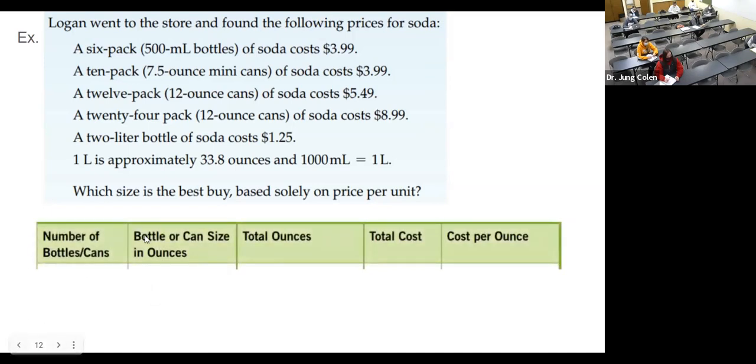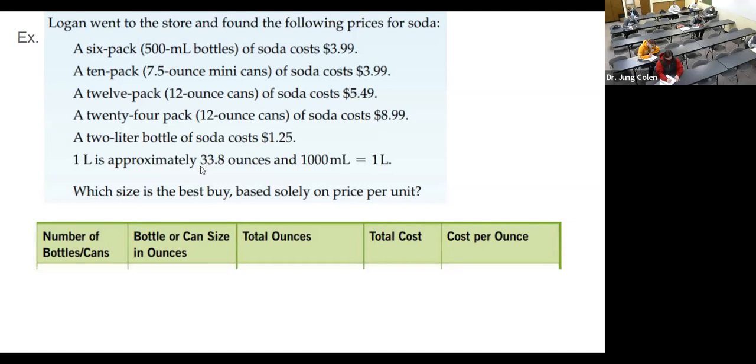So I will give you the table here. You can extend the table, the columns. So you can use this table. Write down the number of bottles or cans. For example, the first one, there are 6, right? 6-pack, so 6 bottles or 6 cans. And what's the bottle or can size in ounces? It's 500 milliliters. 500 milliliters is what? Half of a liter.